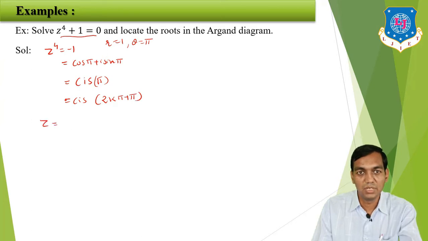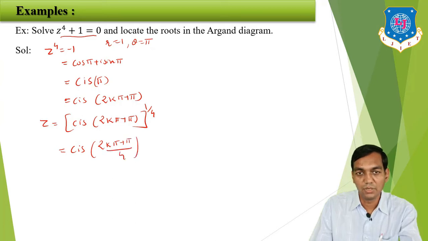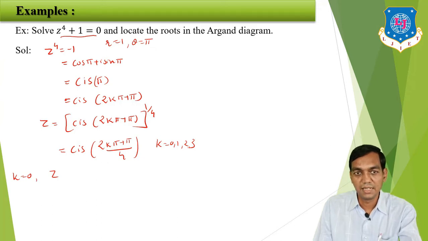So Z will be cis 2k pi plus pi whole raised to 1 by 4, and using De Moivre's theorem that will give you cis of 2k pi plus pi upon 4. Now here k is running from 0, 1, 2 and 3. So k is equal to 0, that will give you Z0.